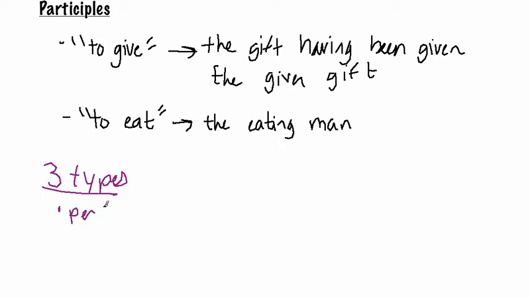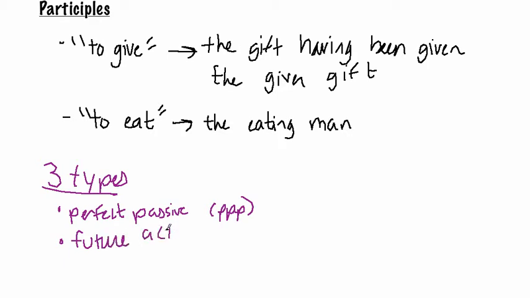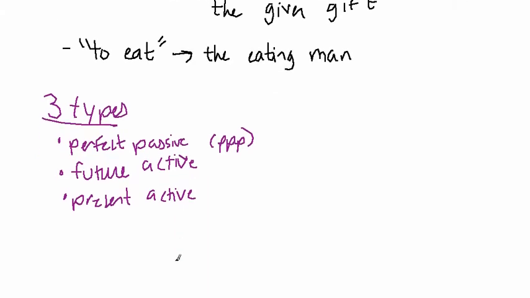Your perfect passive, often abbreviated PPP, perfect passive participle. And we have our future active. And your third one is your present active. And now we can go through each one individually.